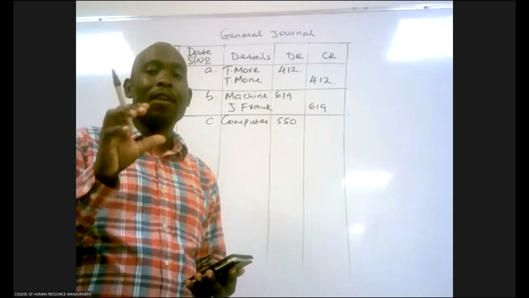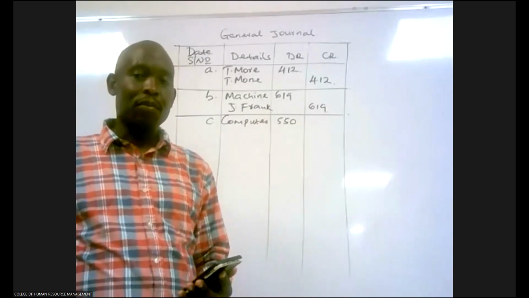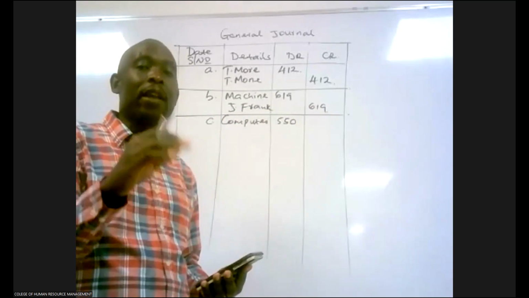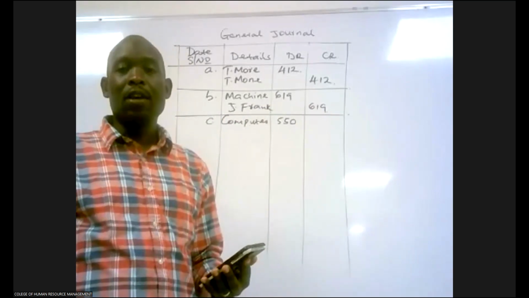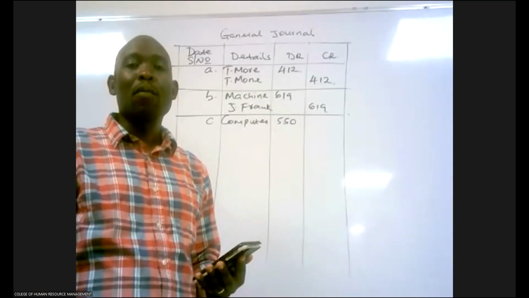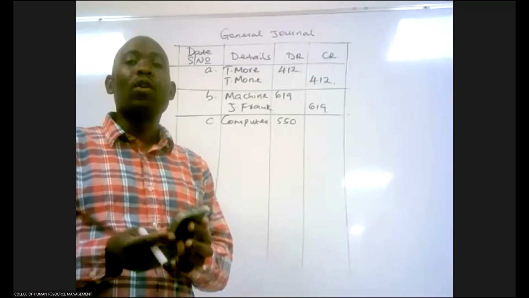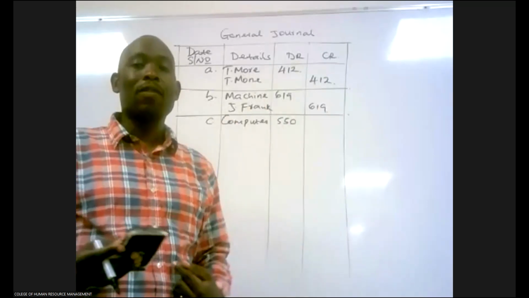So when an entry has been made in the wrong account, we normally reverse it. If it was debited there erroneously, you credit it. So in this case, office expenses were debited on behalf of computer. So we credit the office expenses to reverse that initial transaction.